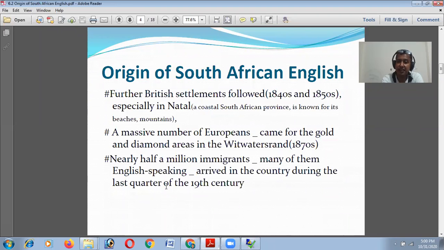This is the beach area, the coastal area, and one place is famous, that is called Witwatersrand.